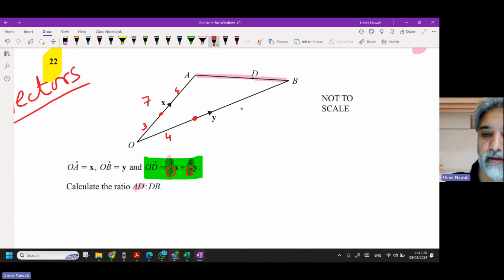Let me write it here again. Because 4/7, 4 has to be bigger. This is 4 and this is 3. Clear, boys? Because the total has to be 7. Clear? And I want to find the OD vector.